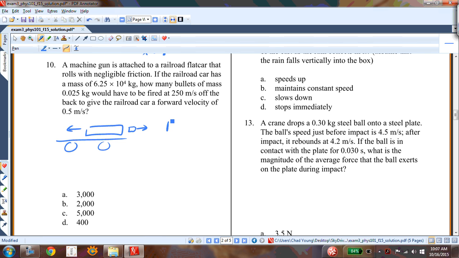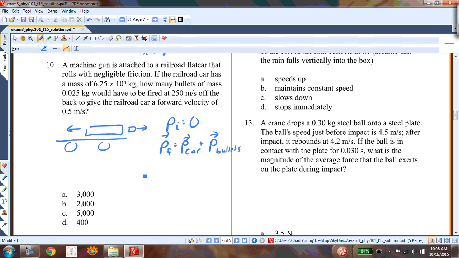Initially, the momentum of this thing is 0 because nothing's moving. The final momentum will equal the momentum of the car plus the momentum of the bullets. Now, we don't know if it's 1 bullet or 1,000 bullets, but let's just imagine that it's 1 bullet, and then I'll show you how we figure out the number of bullets.